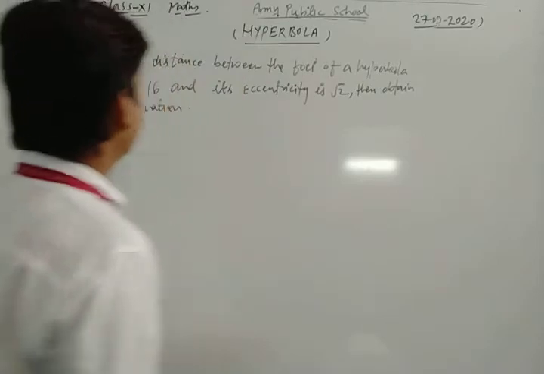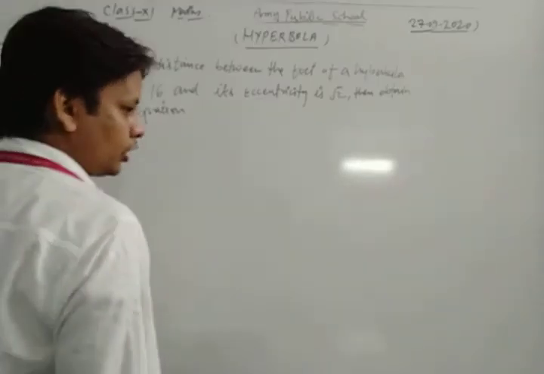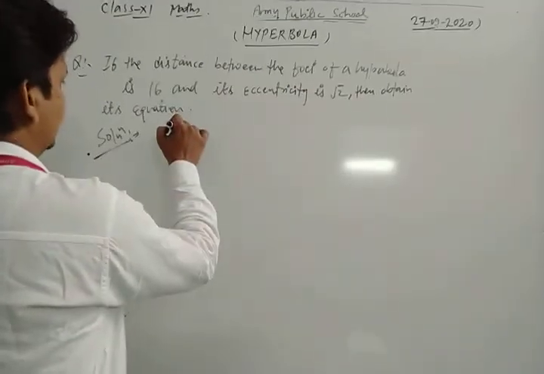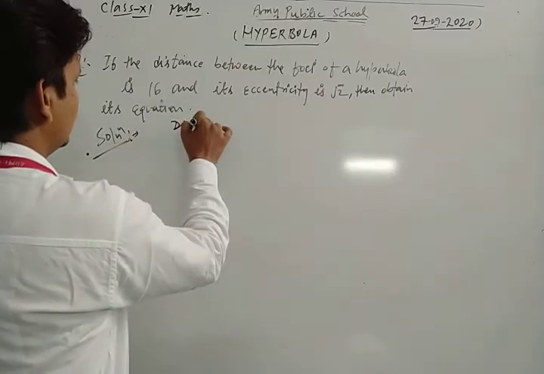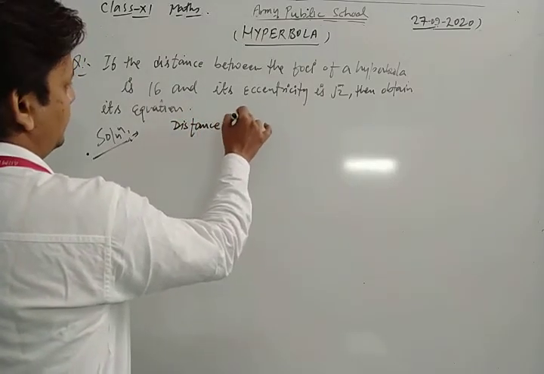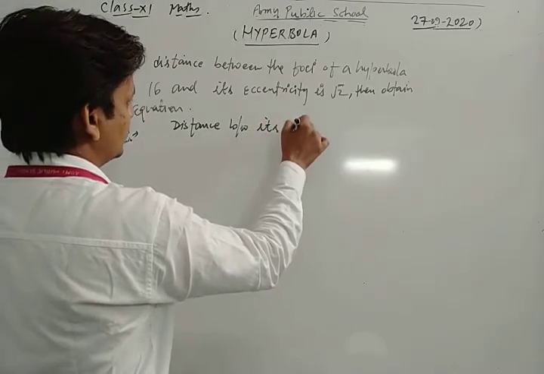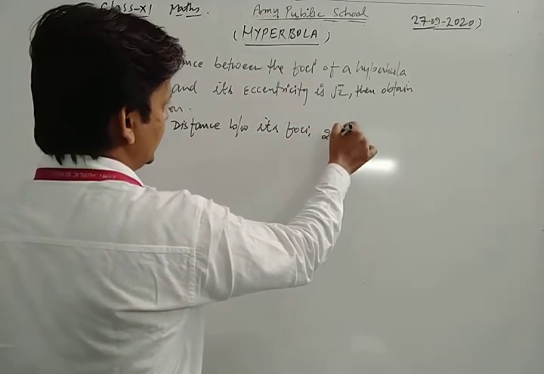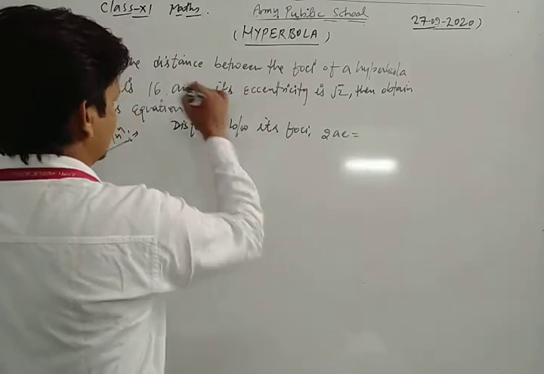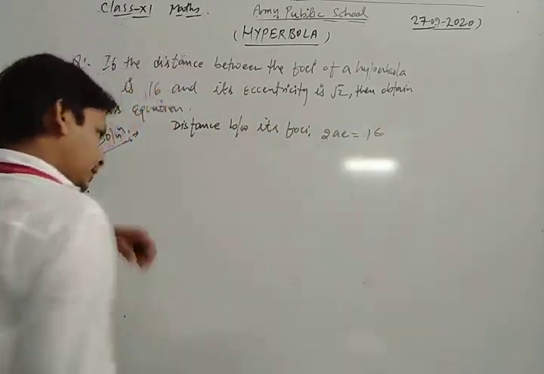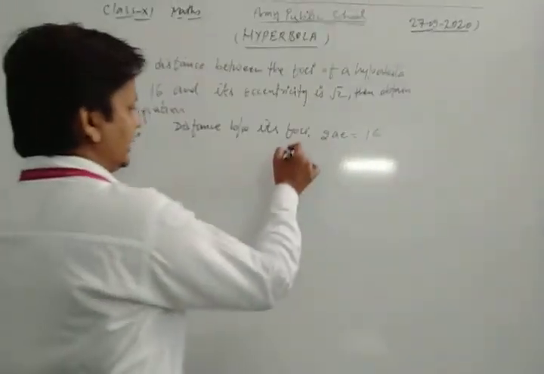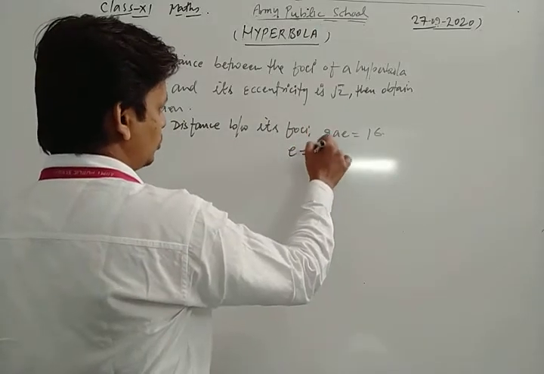Now look here, what is given? The distance between its foci, that is 2ae, is given as 16. Okay, and the value of eccentricity e is also given, root 2.